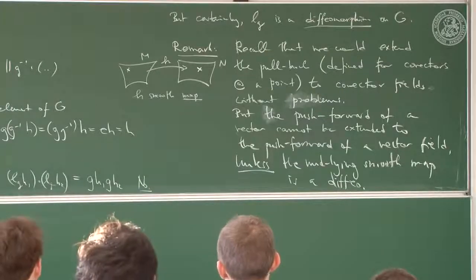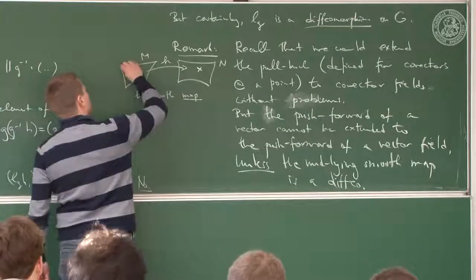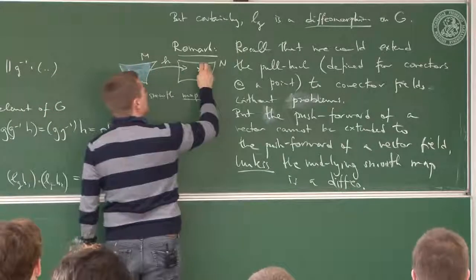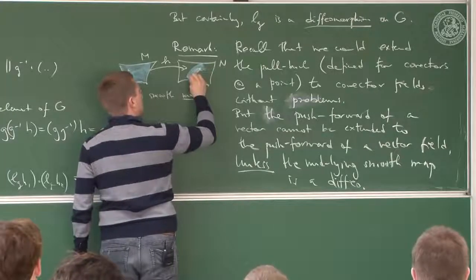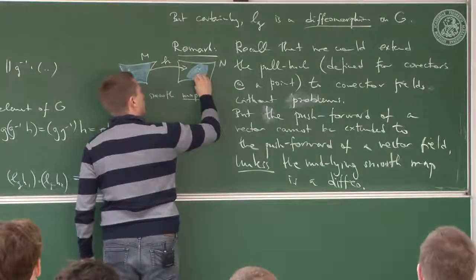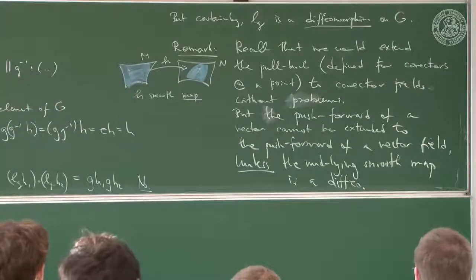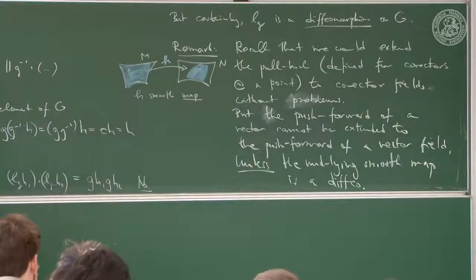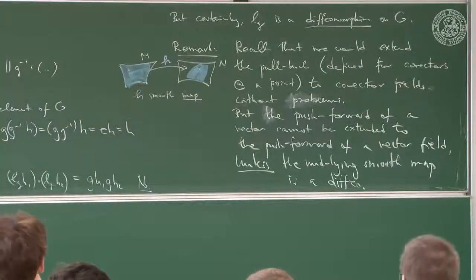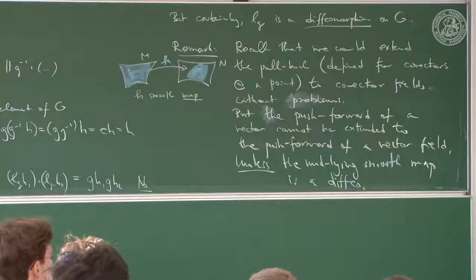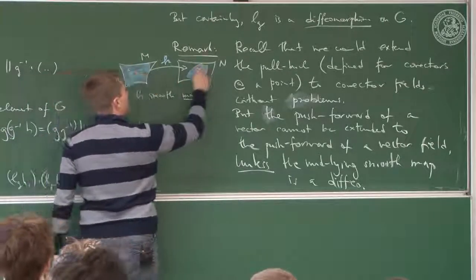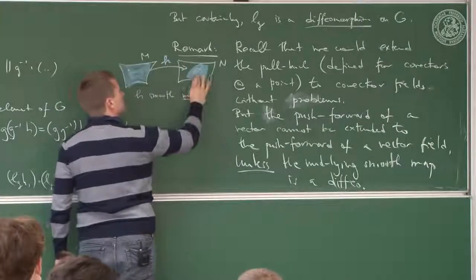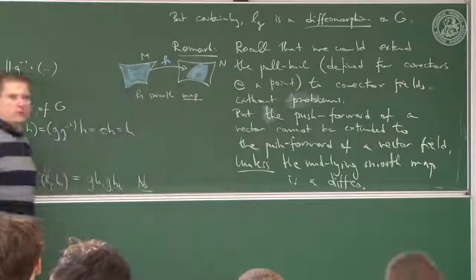That means every point in M has an image over here, although the image maybe doesn't fill all of N, right? That's what h does. But it's more than that. It also assigns to every point in M only one point over here. It doesn't take one point to two points. No, it doesn't do that. To every point here, it assigns one point here.